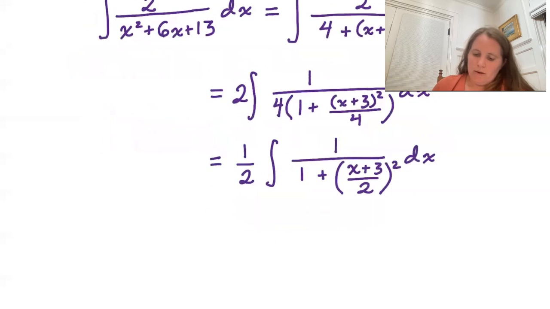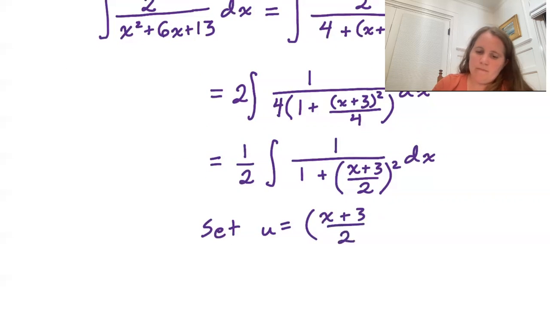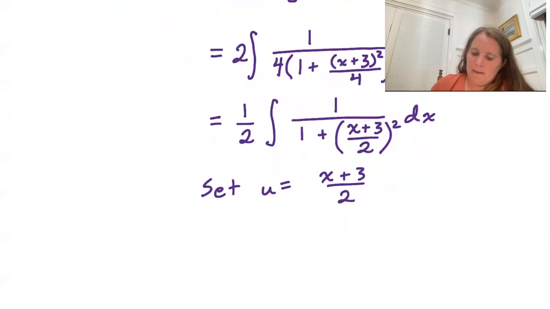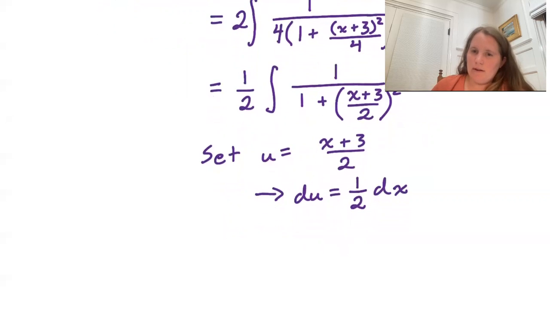At this point, we can go ahead and set u equal to our x plus 3 over 2. Then we get that du is equal to 1/2 dx, or in other words, we could rewrite this as dx is equal to 2 times du.